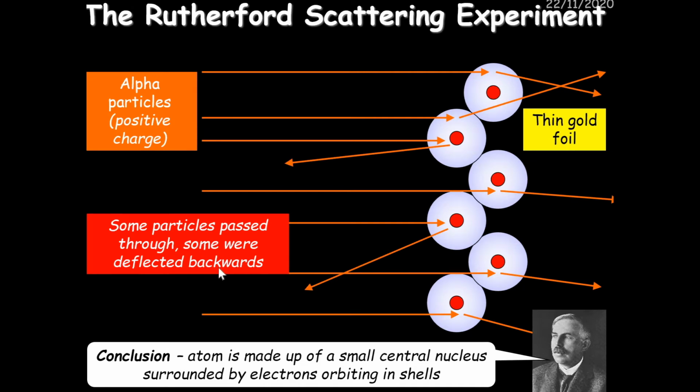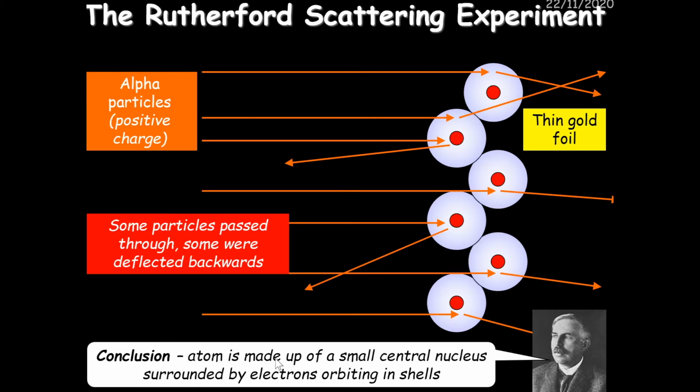Now what was found was that when alpha particles were emitted towards a thin gold foil, the majority of the particles went through. Only a few were deflected back. And importantly, what that told us was that most of the atom was empty space.